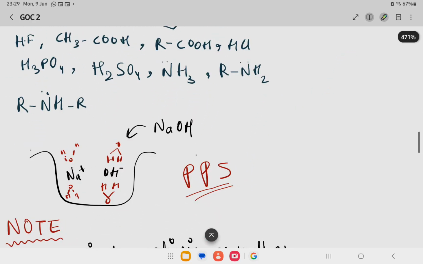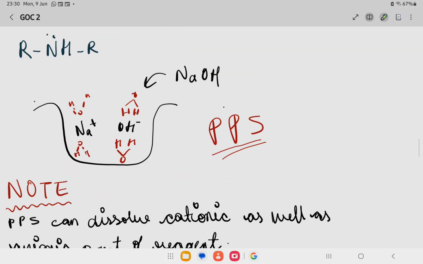Suppose we have taken a polar protic solvent medium in which we put NaOH as a reactant. NaOH is the reactant. Na will become positive, OH negative.